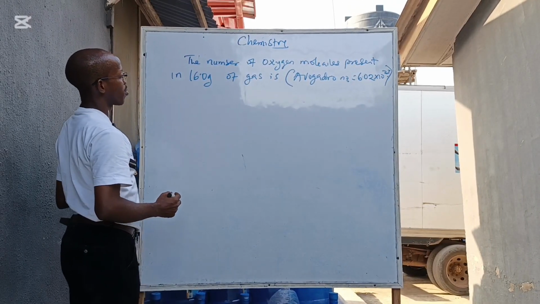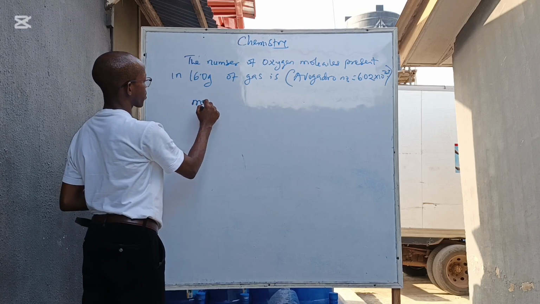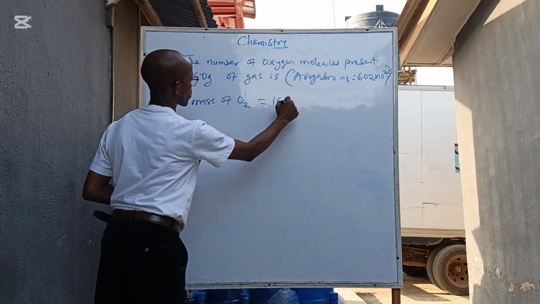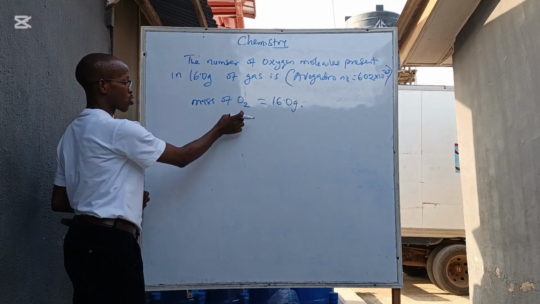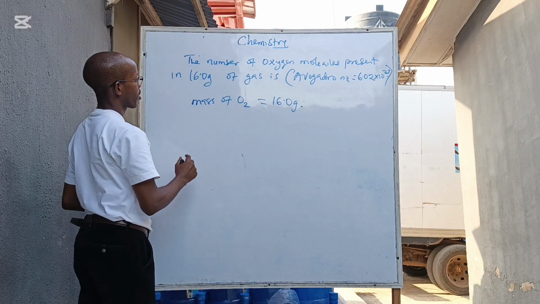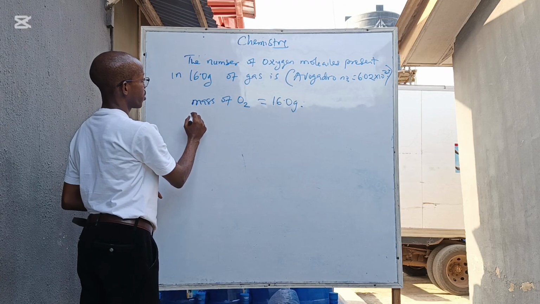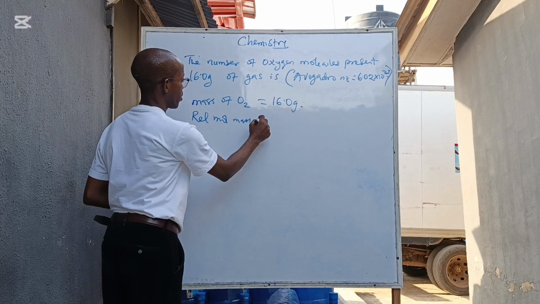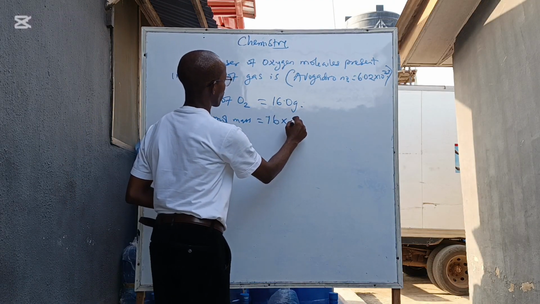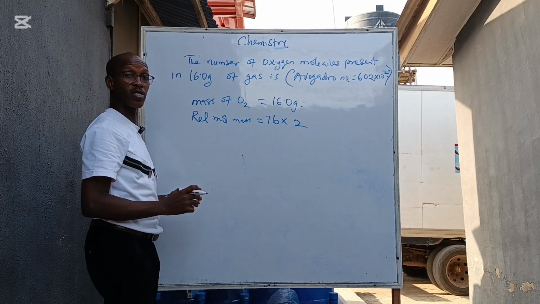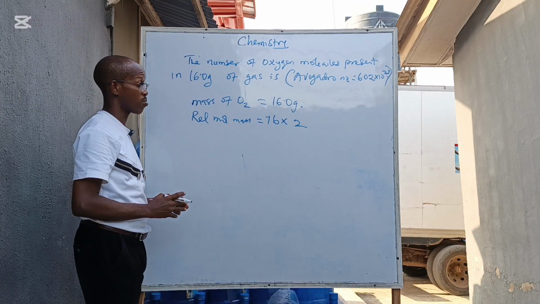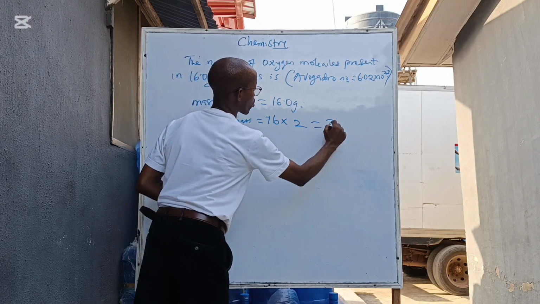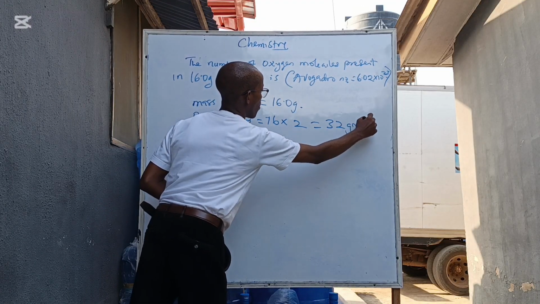The number of oxygen molecules present, so the mass of oxygen is 16 gram. This is the symbol for oxygen as a molecule, O2, and the relative molecular mass of oxygen is 16 times 2. Now remember, relative atomic mass of oxygen is 16. So you multiply it by 2 to have 32 gram per mole.